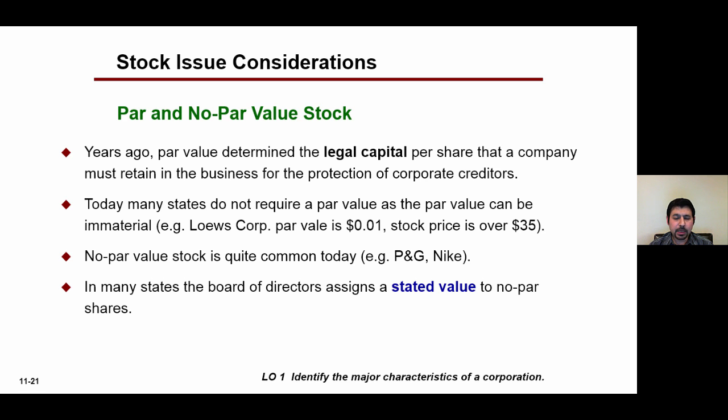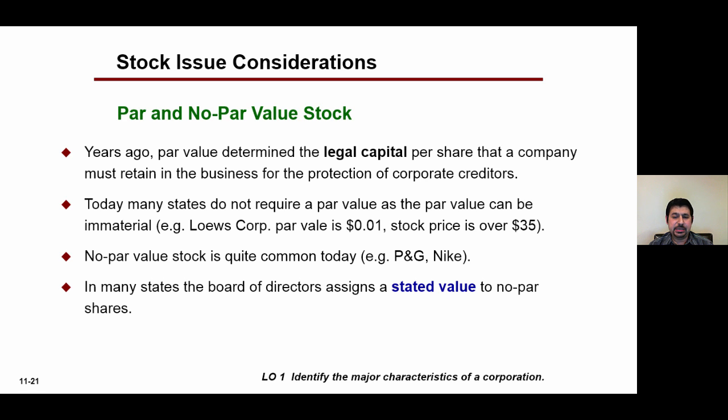So, for example, Lowe's Corporation has a par value of 1 cent when the stock is actually traded for over $35, which means that this par value is negligible compared to the stock price itself.